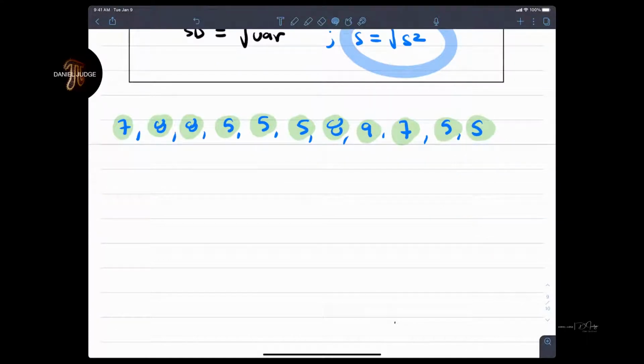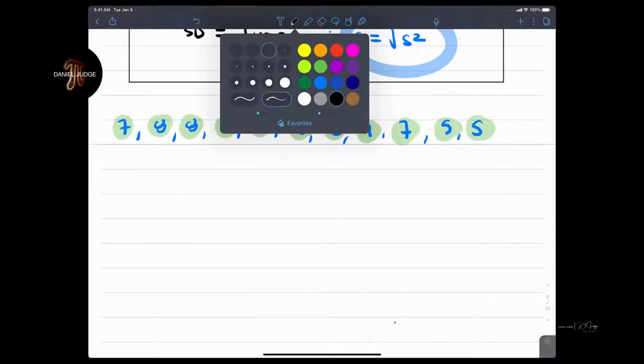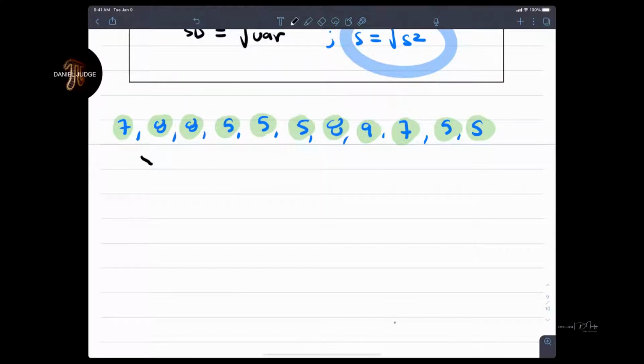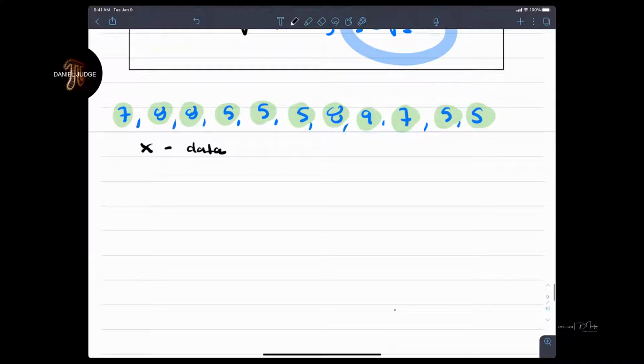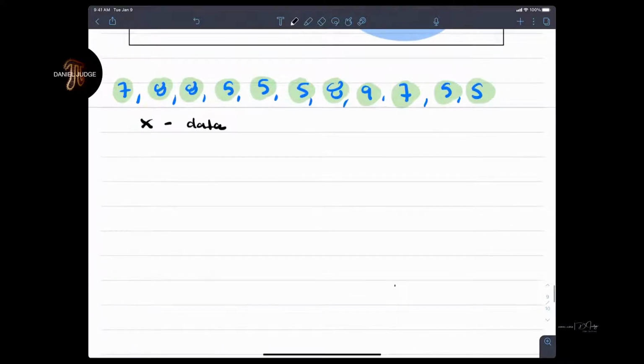So remember, data is represented by an arbitrary x value. This is what we're talking about. It's a variable that just holds those values, 7, 8, and so on, right?